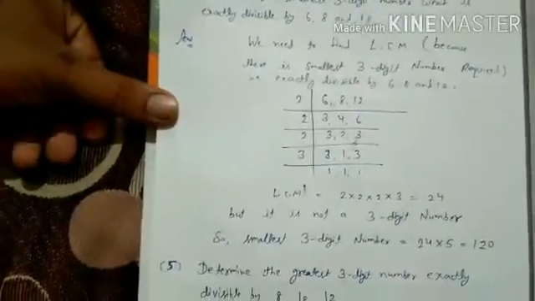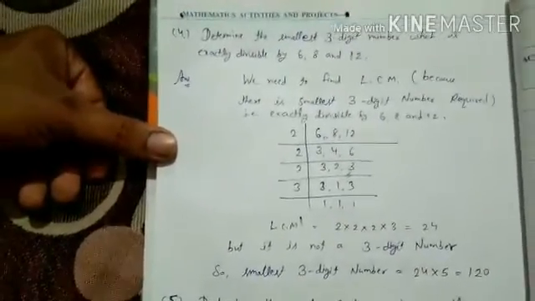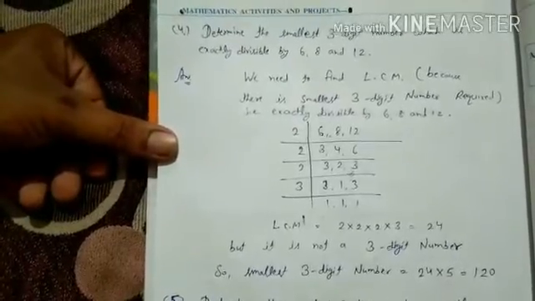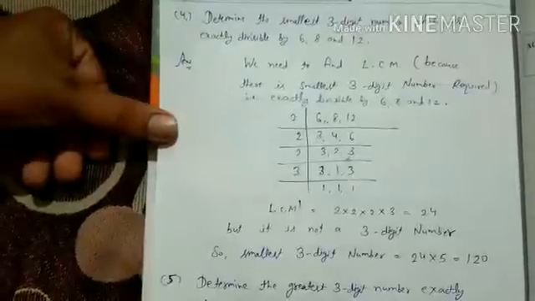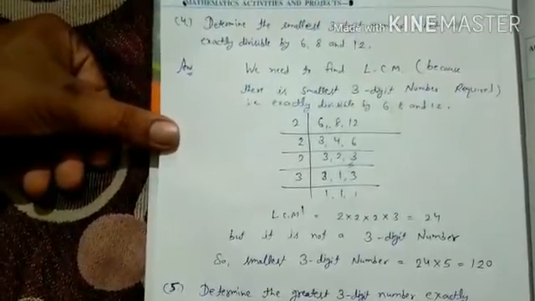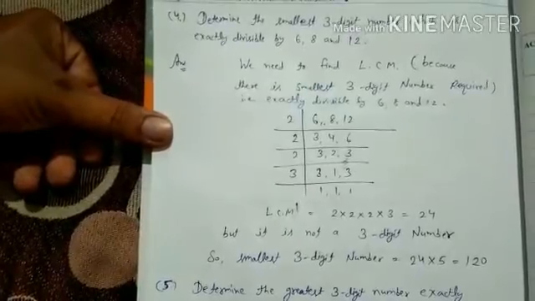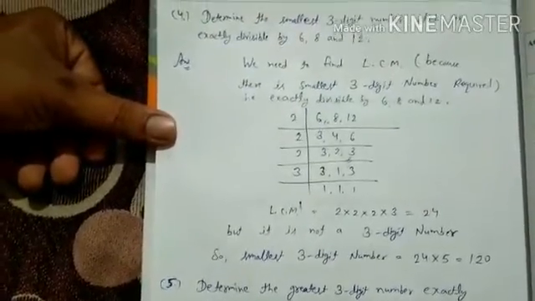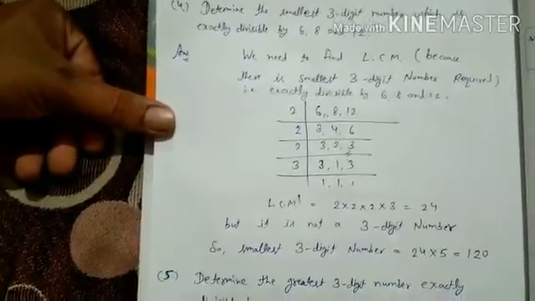You can see the LCM is 24, but the problem is that the question wants a 3-digit number, and we have only a 2-digit number, 24. So we need to multiply 24 by 5 so that we get the lowest 3-digit number which is divisible by 6, 8 and 12, and that is 120. So our answer is 120.